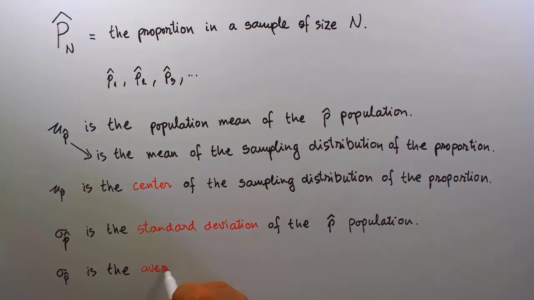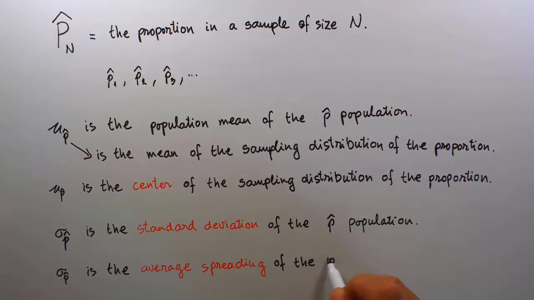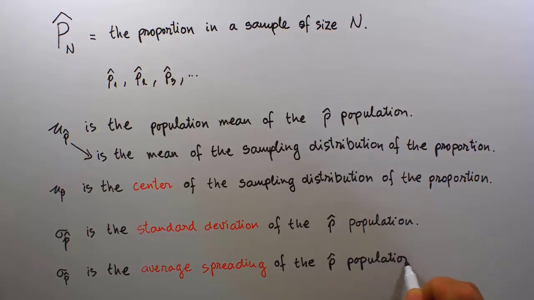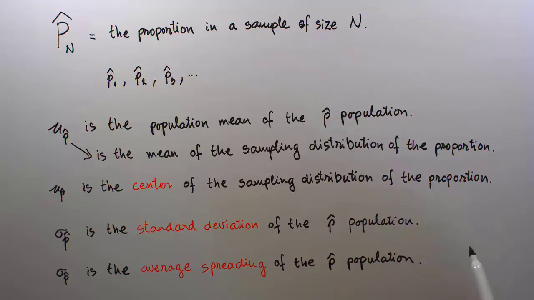It's indicating how sample proportion values are on average spread away from the center once we found it. So sigma p hat is the average spread of the p hat population, or in other words, again, the sampling distribution of the proportion.